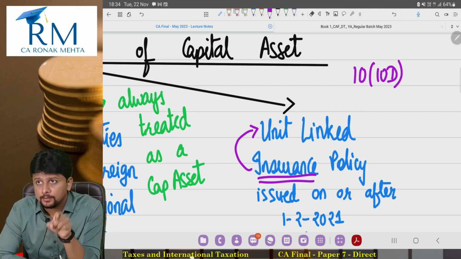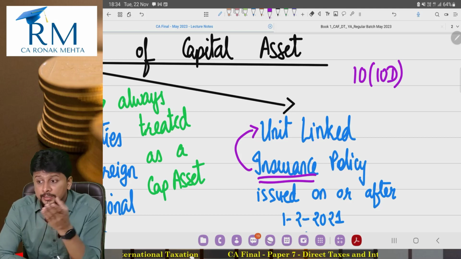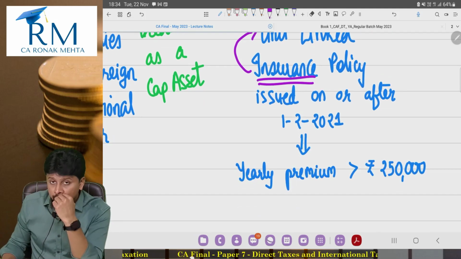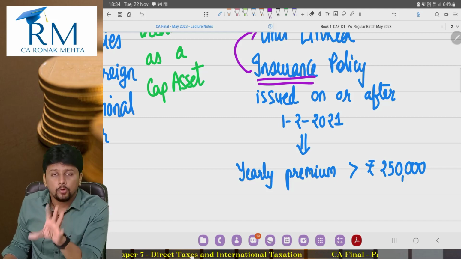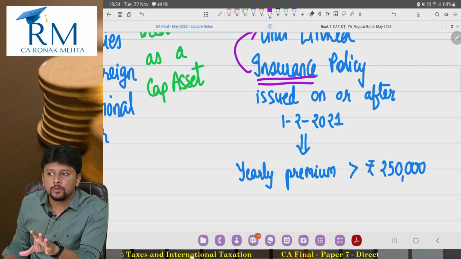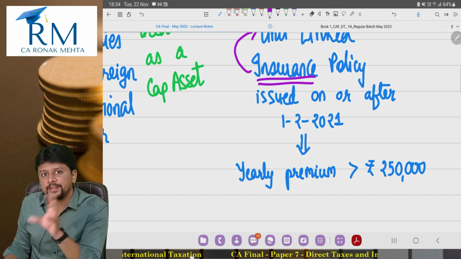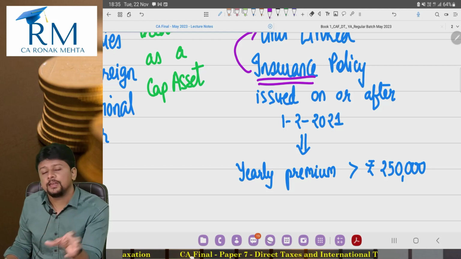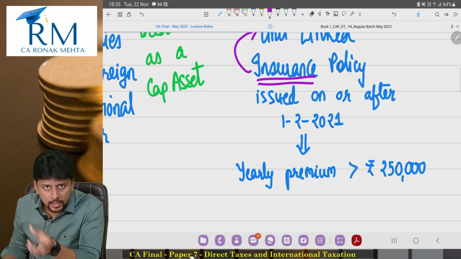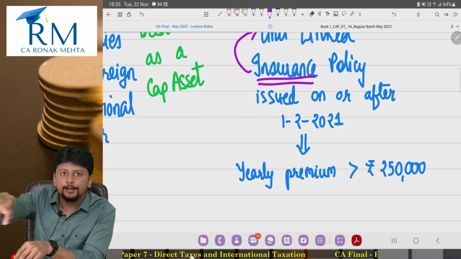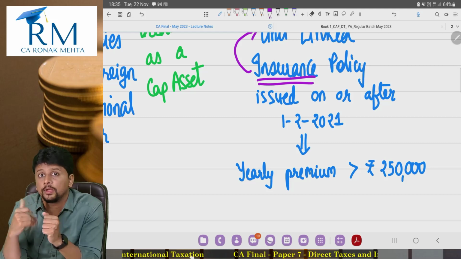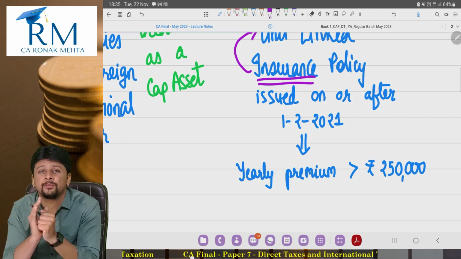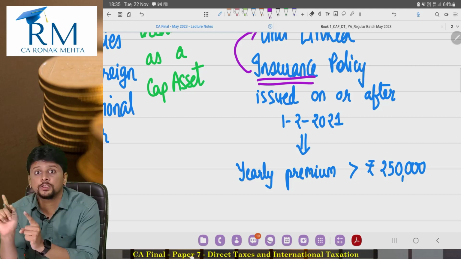So traditionally life insurance policies have been given exemption. But if you are buying a ULIP and the premium that you are paying is greater than 2,50,000, government is saying your motive is not insurance now. Your motive is basically investment. This is an investment product which is being designed, which is being shown as a ULIP. So now we are not going to give you the benefit of exemption that we give to insurance policies.